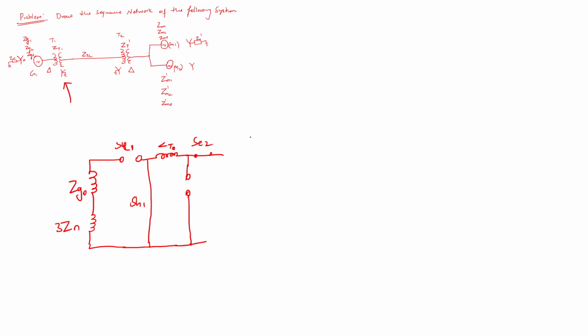Very good. Now for the transmission line, especially for the zero sequence, we need to take 3 ZTL, because all these transmission lines are connected to neutral. Because of the neutral connection, the zero sequence current flows only through the neutral to the ground.